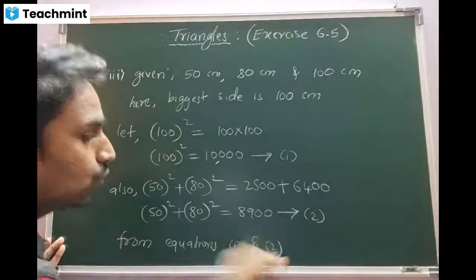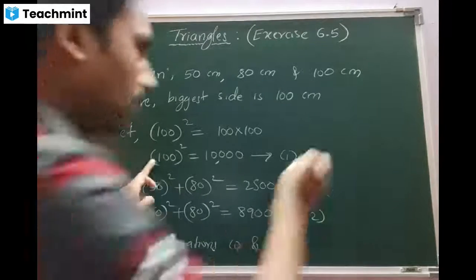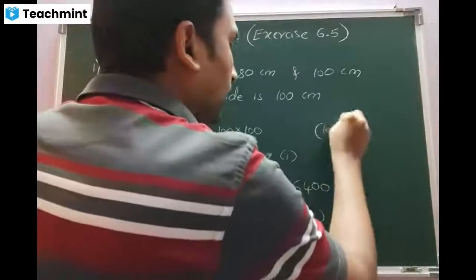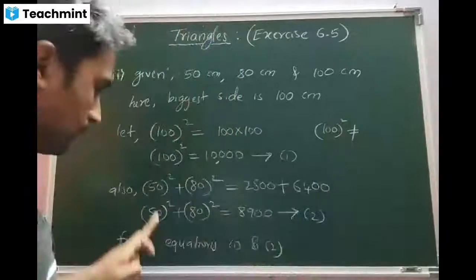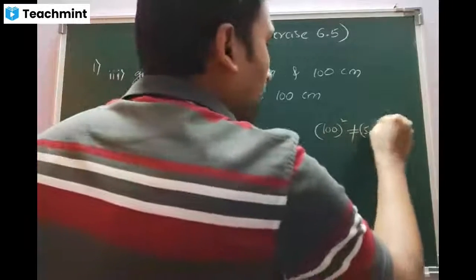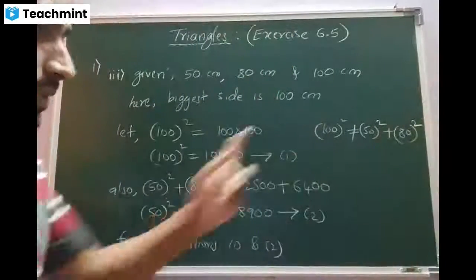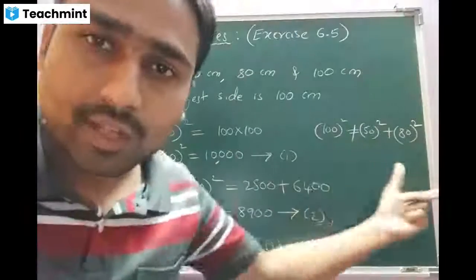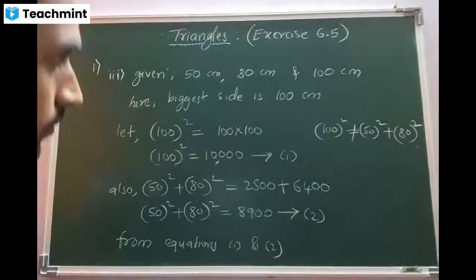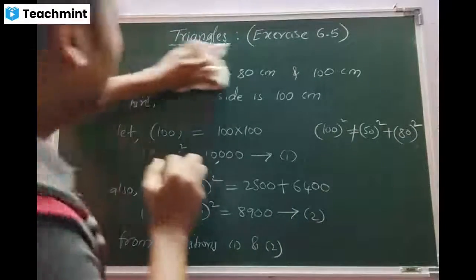So from equations 1 and 2, I will write 100 square is not equal to the sum of 50 square and 80 square. This implies, what do you have to write as the conclusion statement, beta? Given triangle is not a right triangle.